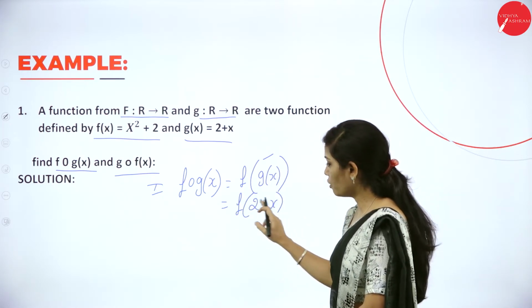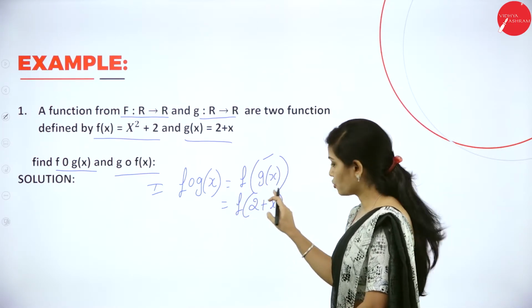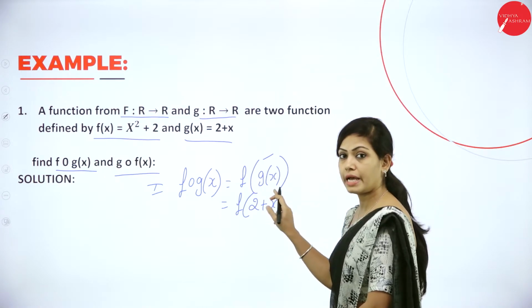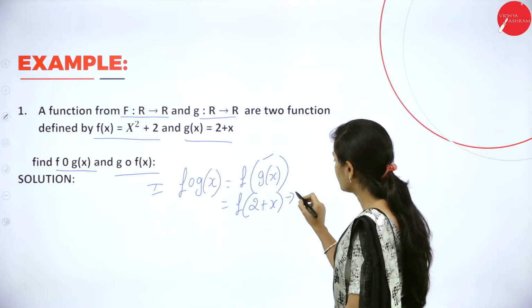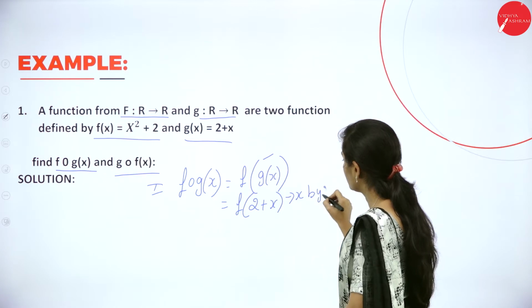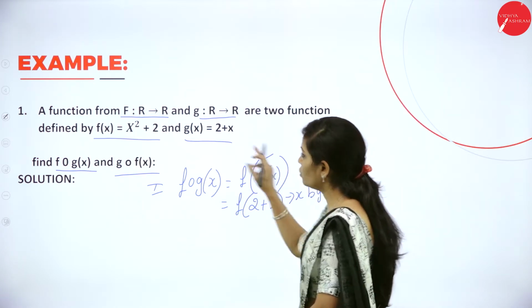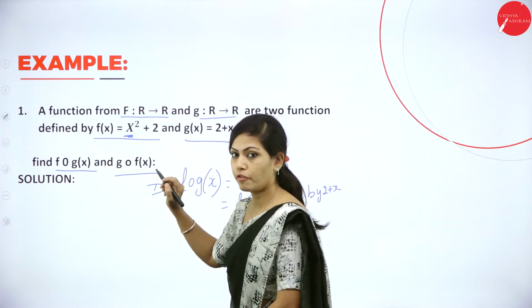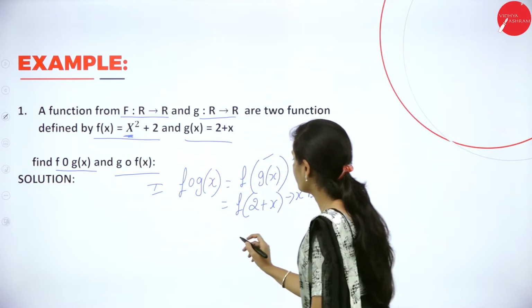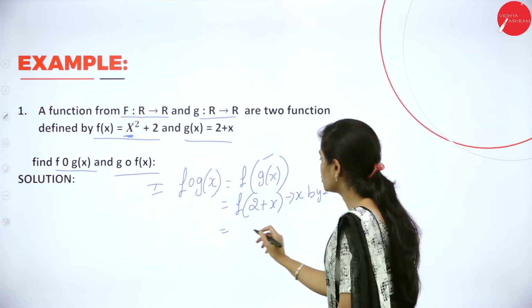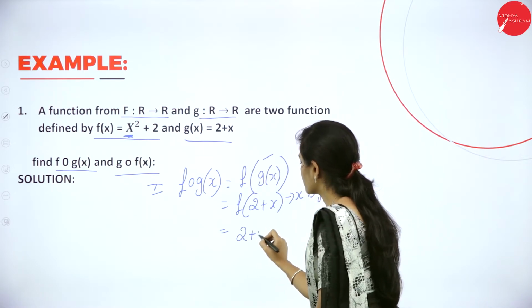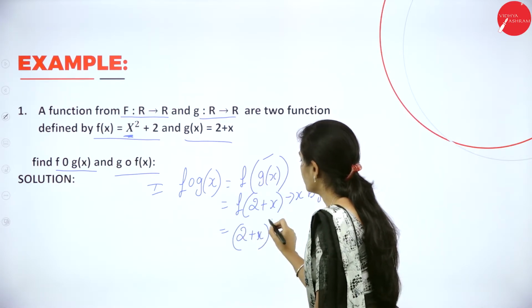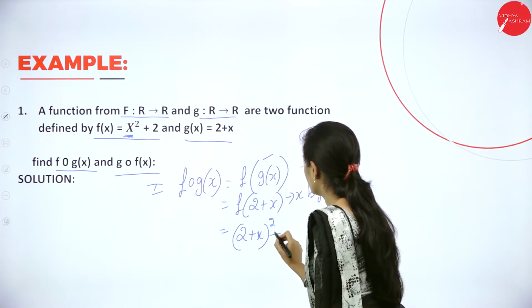This is in the form of f of x, right? So this 2 plus x I will consider as x. So replace x by 2 plus x. So now substitute in place of f of x is equal to x square plus 2. So in place of x square, I will substitute this 2 plus x whole square and plus 2.